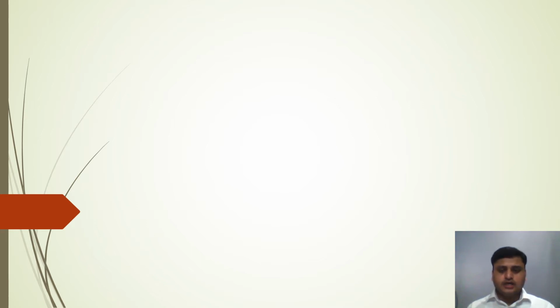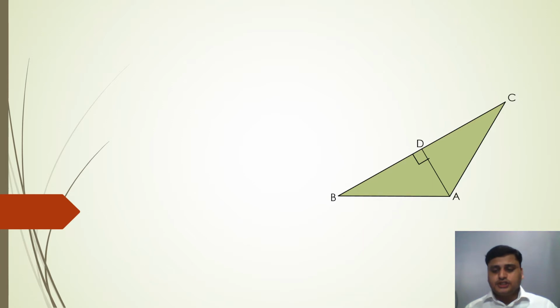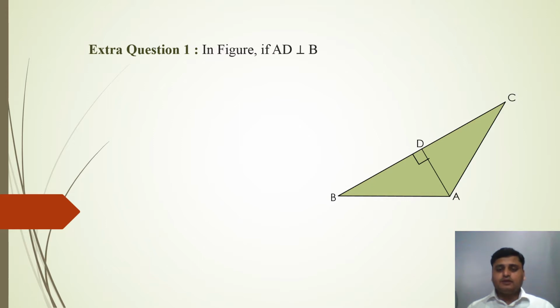Now I'm going to start the extra question related to the chapter Triangles. You can all see this figure, and this is the extra question that I have started. Let's read this question first, and then we will do the solution. It is given that this is the figure.